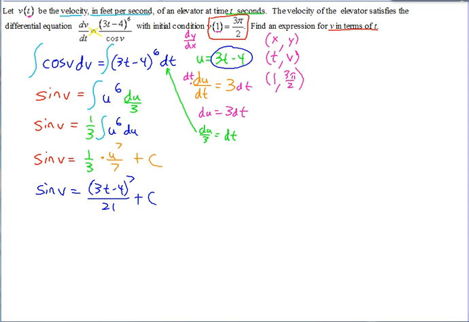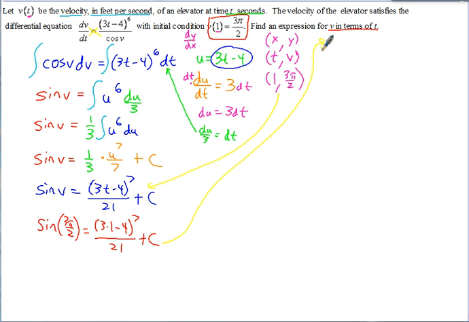So we can substitute that in there for t and for v. So that becomes the sine of v, which is 3 pi over 2, equals, plug in 1 for t, so that'd be (3 times 1 minus 4) to the 7th over 21, and then plus c. And then we can simplify it. The sine of 3 pi over 2, well, 3 pi over 2 is right here, and the sine is the y-coordinate, so that's negative 1.